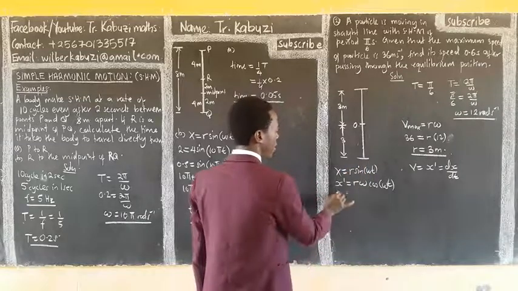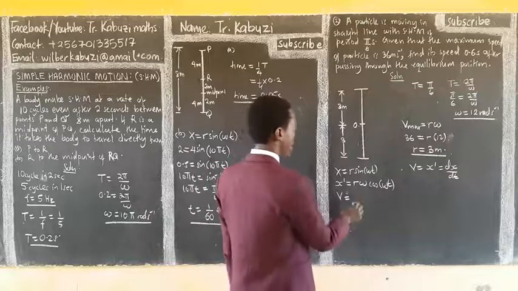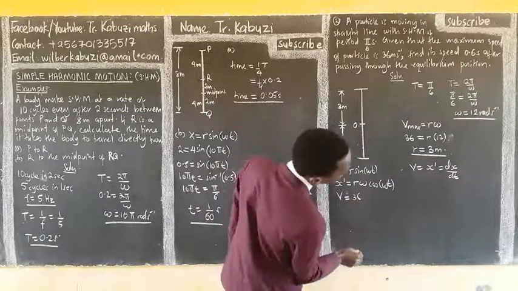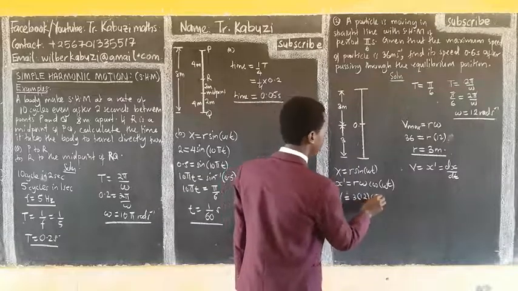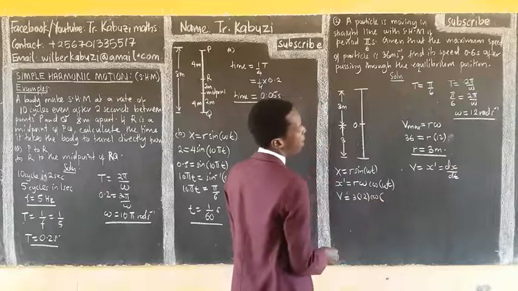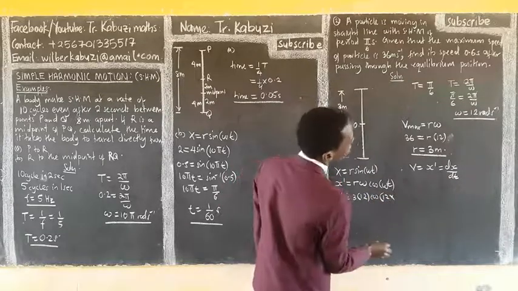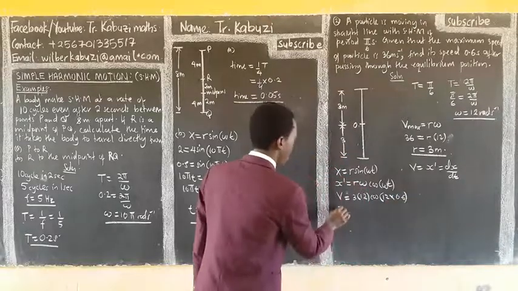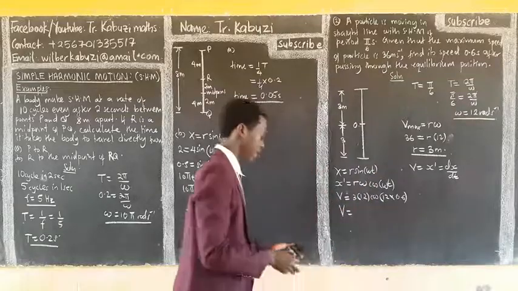So my v now is going to be, I have the amplitude as 3, the omega is 12, then cos of 12 times 0.6. Your calculator should be in radians.